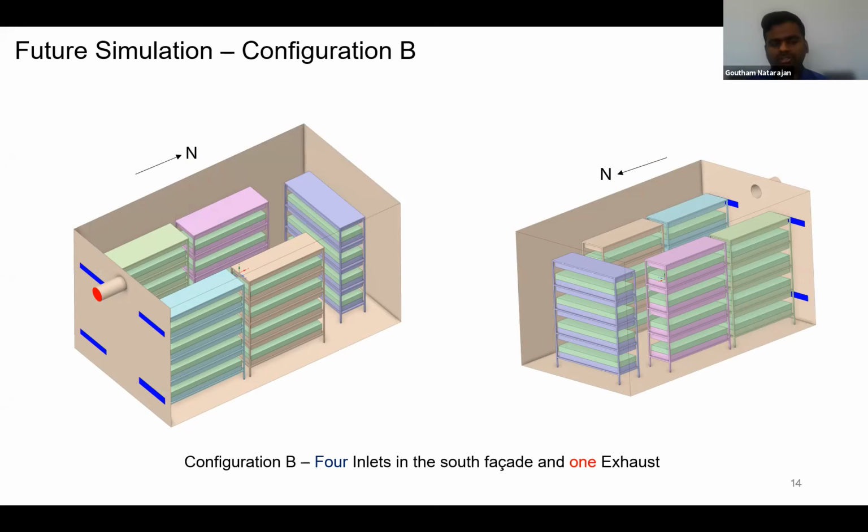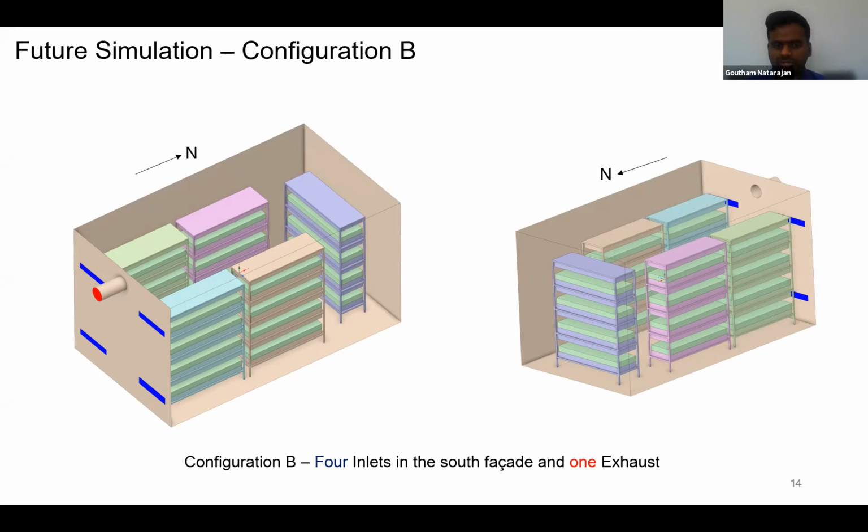We haven't planned to change the exhaust locations as of now, because as we looked at the simulation results from our baseline configuration, we thought we would have inlet diffusers at different locations to understand the flow distribution in the first scenario.